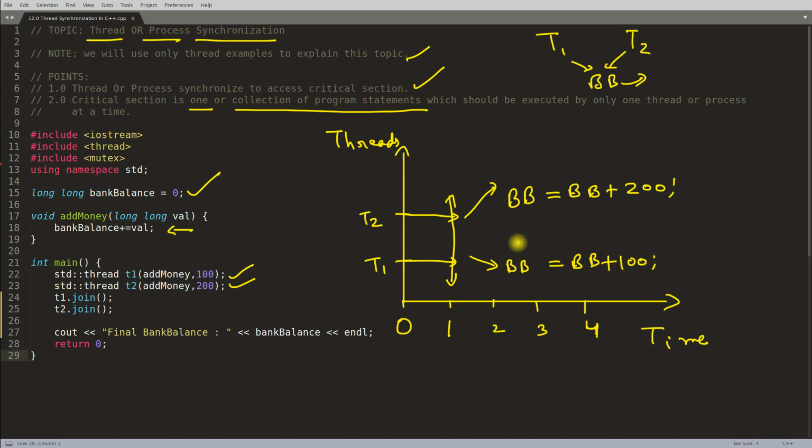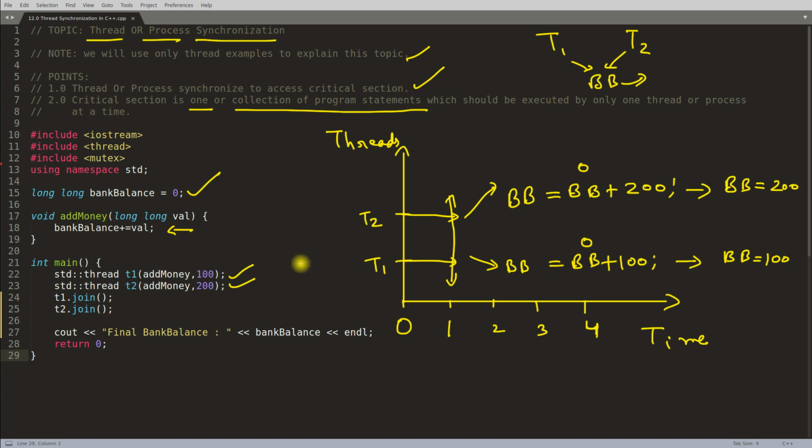And these two instructions are going to be executed at the same time. Currently this bank balance is 0 here and 0 here because we have reached this instruction at the same time, time 1. Bank balance was initially 0, so it is 0 for both threads. Now the result of this would be bank balance 200, and here bank balance is 100.